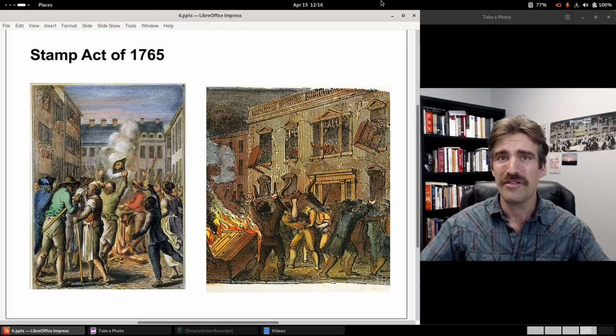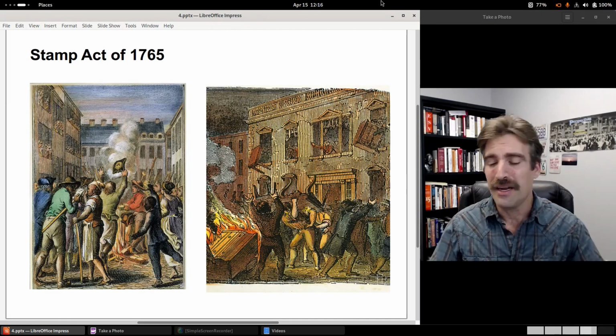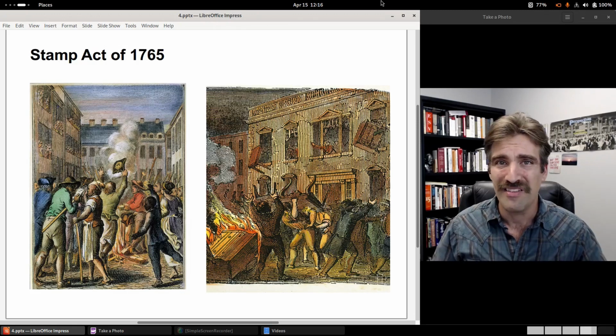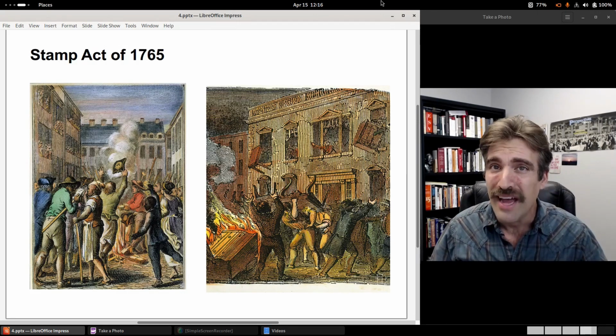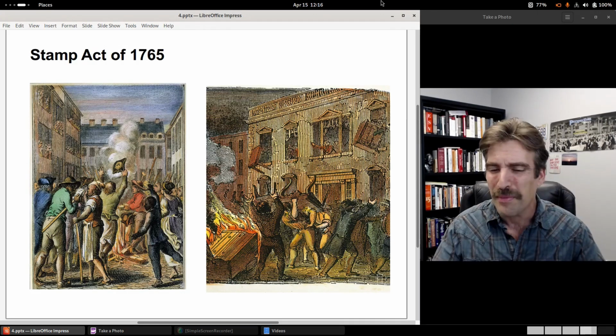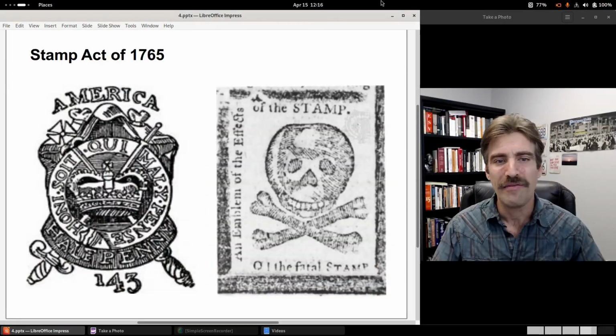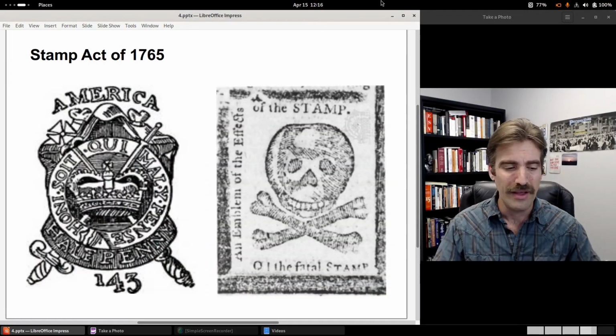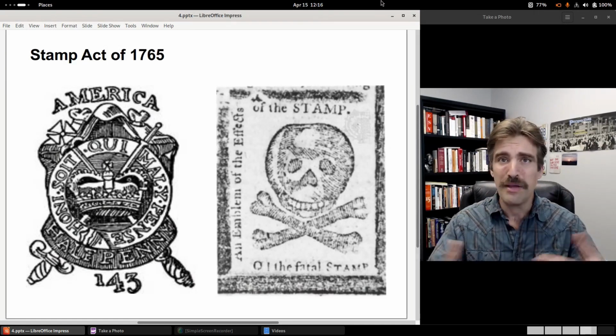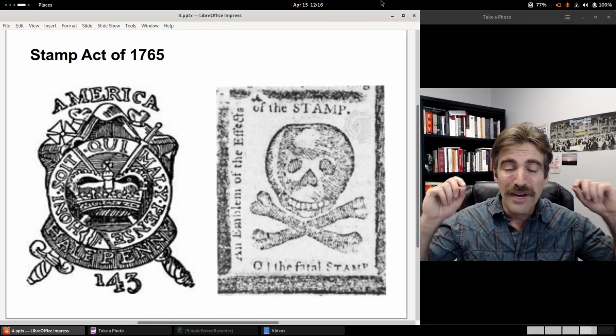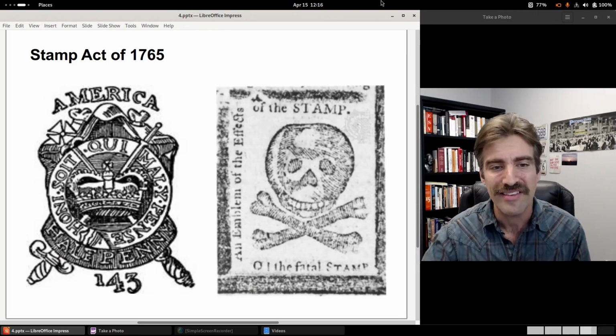Actually, there was a stamp tax in England, and the people in England were fine with it. And actually, it wasn't that heavy of a tax. It was a bit of a burden, but not terrible. And in fact, the American colonists were one of the least taxed people in the world. But it was taxation without their consent.